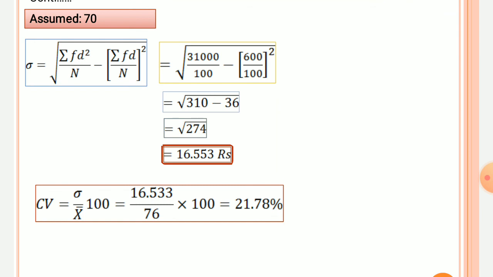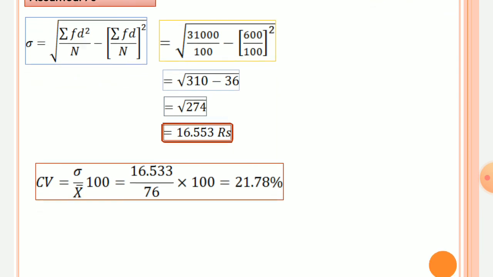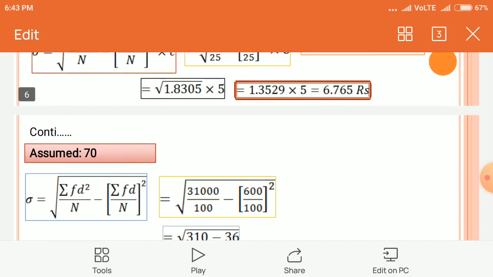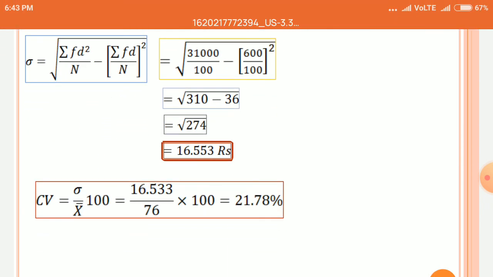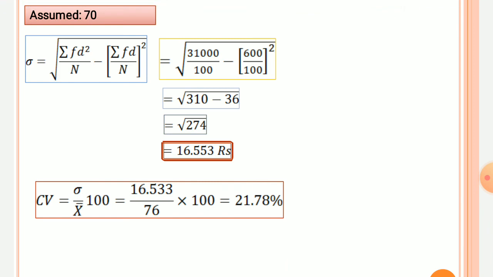So therefore the coefficient of variation is equal to 23.989%. Therefore the coefficient of variation can be calculated using this formula, sigma by mean into 100. So the value of CV is 23.989. Therefore this is the way in which we can go about solving for the standard deviation and coefficient of variation.